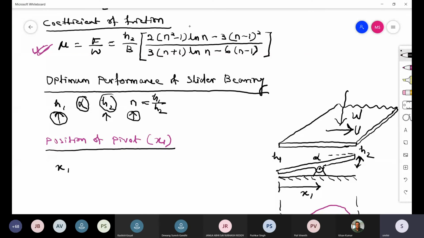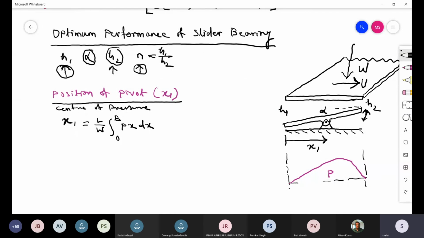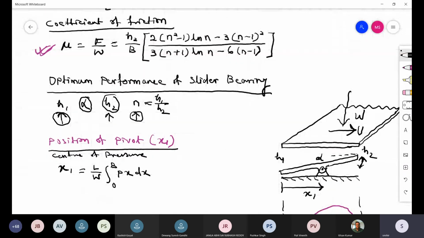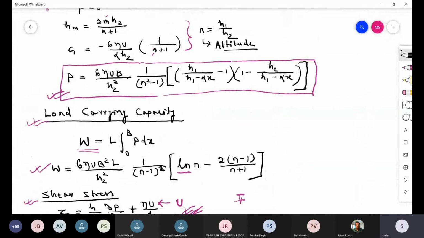Here you have to find out the center of pressure, which is equal to 1 by W integral of P x dx. So already you have calculated P on the top. You can see here for this slider bearing, this is the pressure. So use this pressure to find the center of pressure.